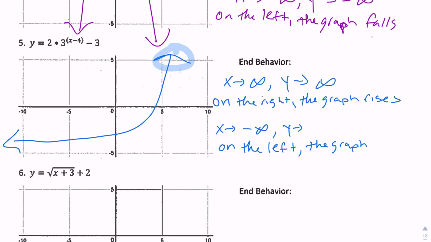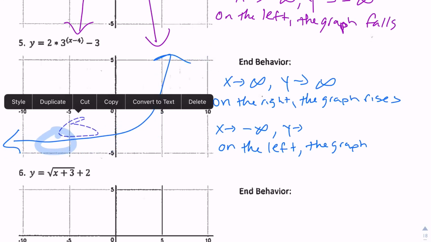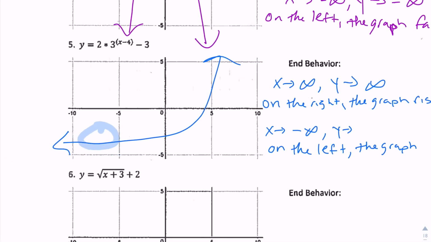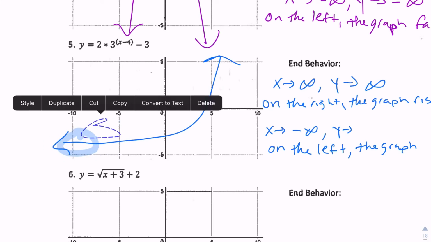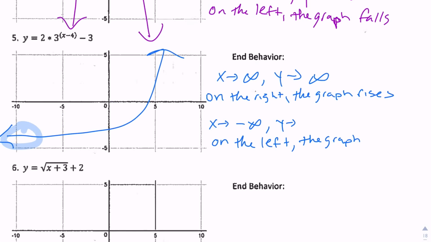And we say infinity. Now, as we look to the left, this is the first time we've seen one not rise or fall. This graph doesn't rise to infinity and does not fall to negative infinity. This graph flattens out. It levels out. So then we would want you to say the graph approaches, oh boy, let's try that again.